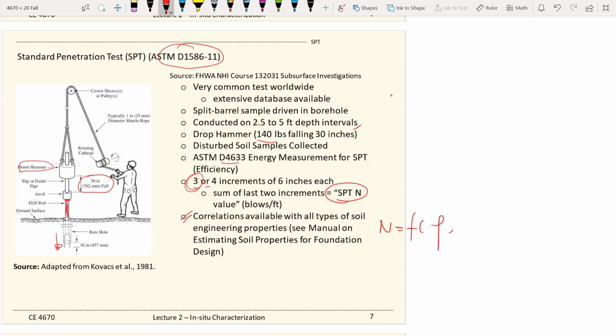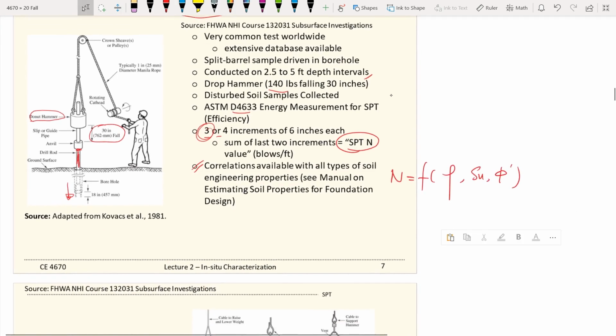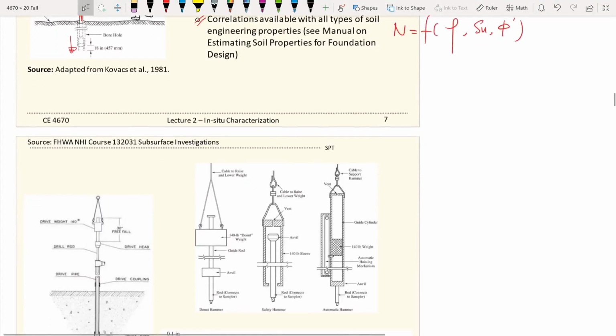We learned about that in lecture 1: undrained shear strength for clay, or the friction angle for sand. So we can establish soil parameters based on these SPT-N values. And we'll talk more about how to collect those SPT-N values.